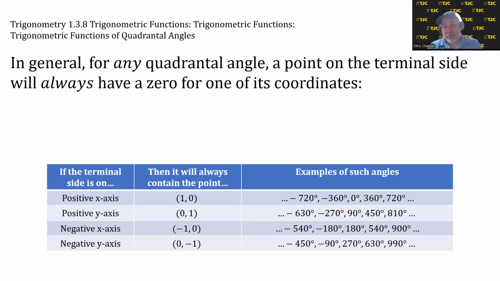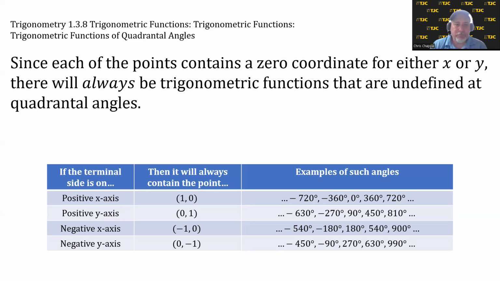Negative x-axis contains the point -1, 0. Negative y-axis contains the point 0, -1. And in the right column, we have a list of such angles, coterminal within a given row, whose terminal side is on these half axes, if you will.